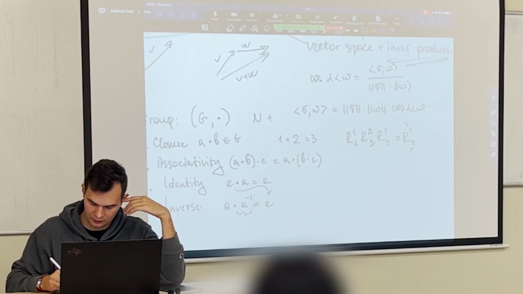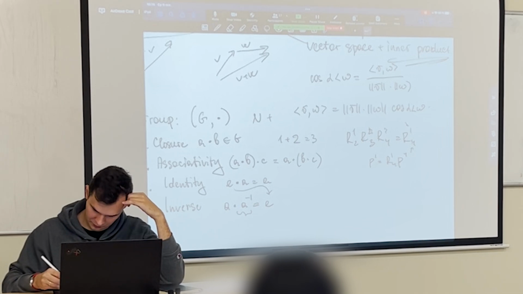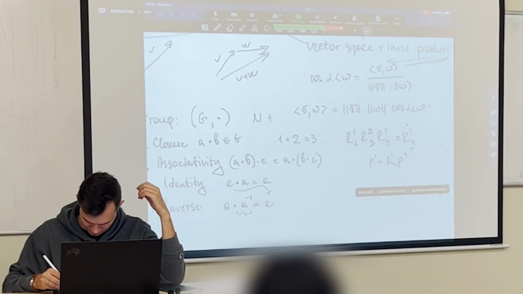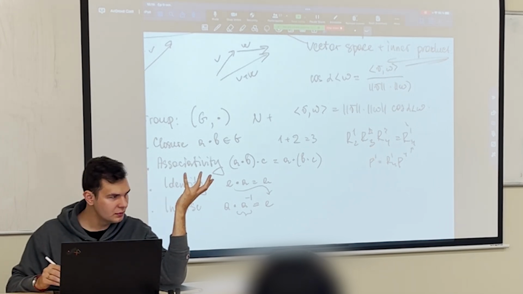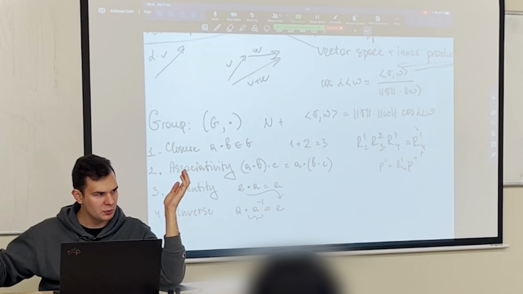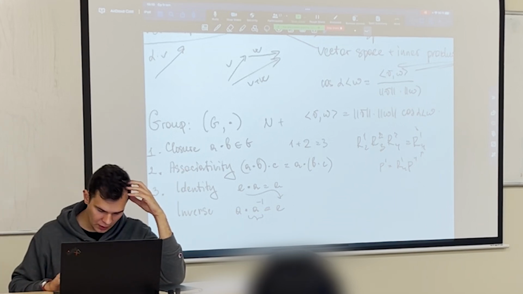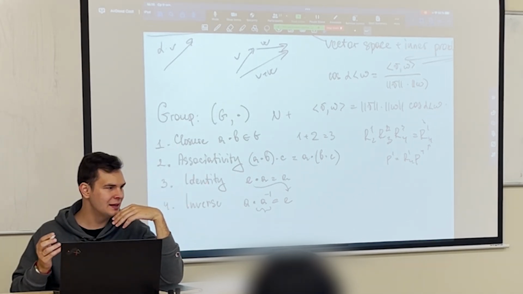If you would like to go from the coordinate representation in frame 4 to frame 1, you can do this chain rule, just matrix multiplication. So associativity holds, but it doesn't commute.